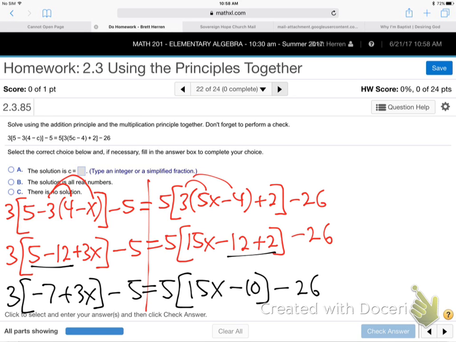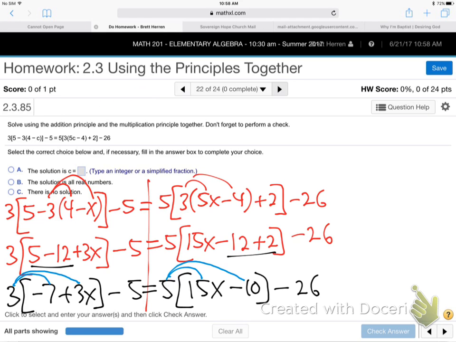All right, and then we take that 3 on the outside, and we go boom, boom. And the 5 is going to go boom, boom, right? Whatever's up against the bracket or parenthesis, going to distribute. I'm running out of room. I want to bring it up here, I guess, somewhere. Minus 21 plus 9x minus 5.